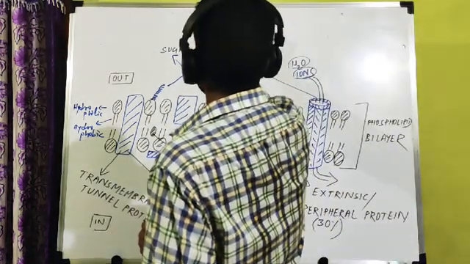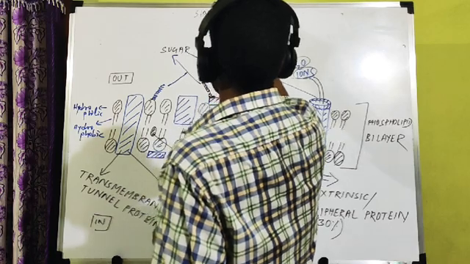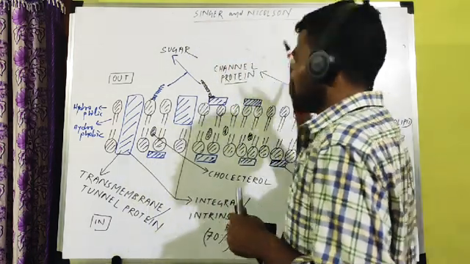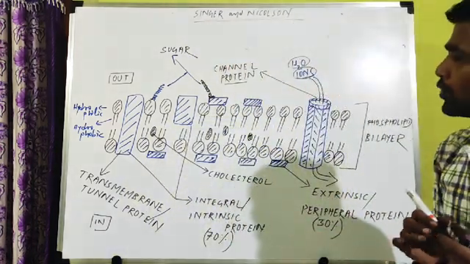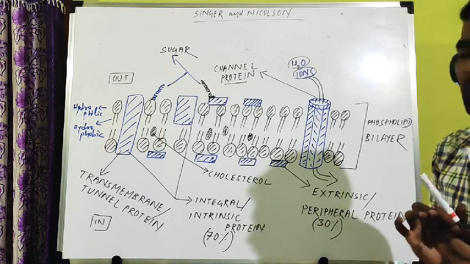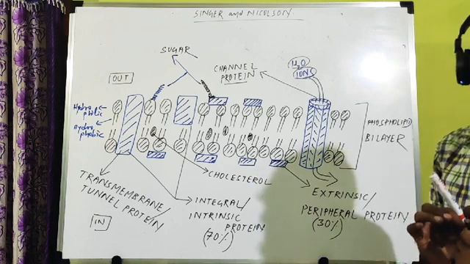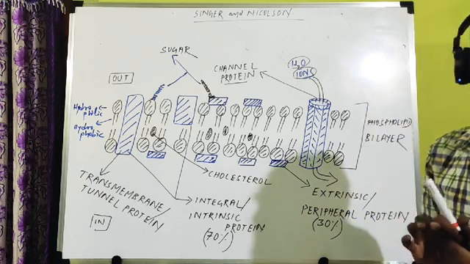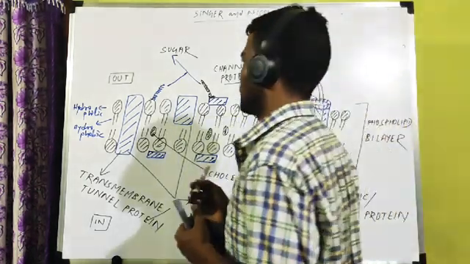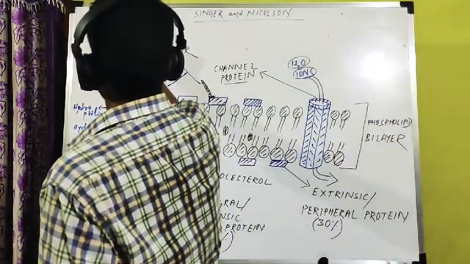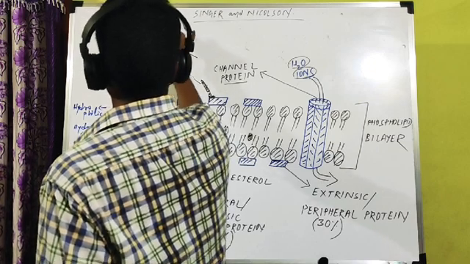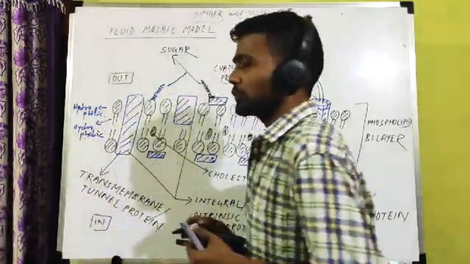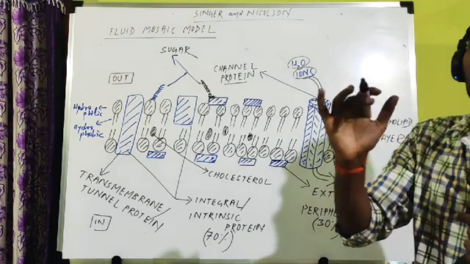When Singer and Nicolson, two scientists, gave this model, many scientists and people were unable to understand how the cell membrane is made and what the actual structure is. So for clear understanding, Singer and Nicolson proposed a model known as the fluid mosaic model.